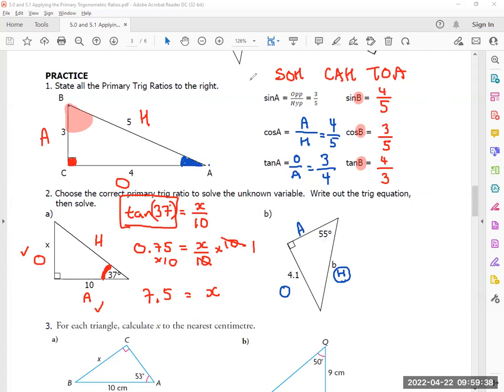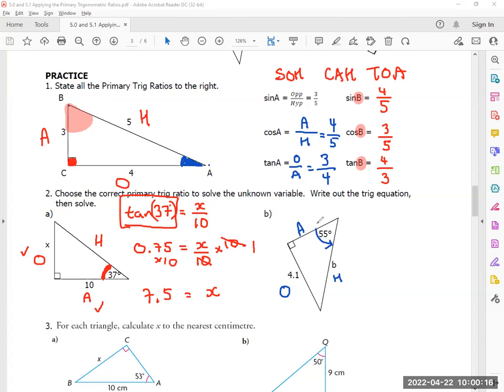So next, I want to find B. I have this angle. Which ratio will help me? Which ratio uses the pieces that are here? The cosine? Oh, wait. Cosine or sine?